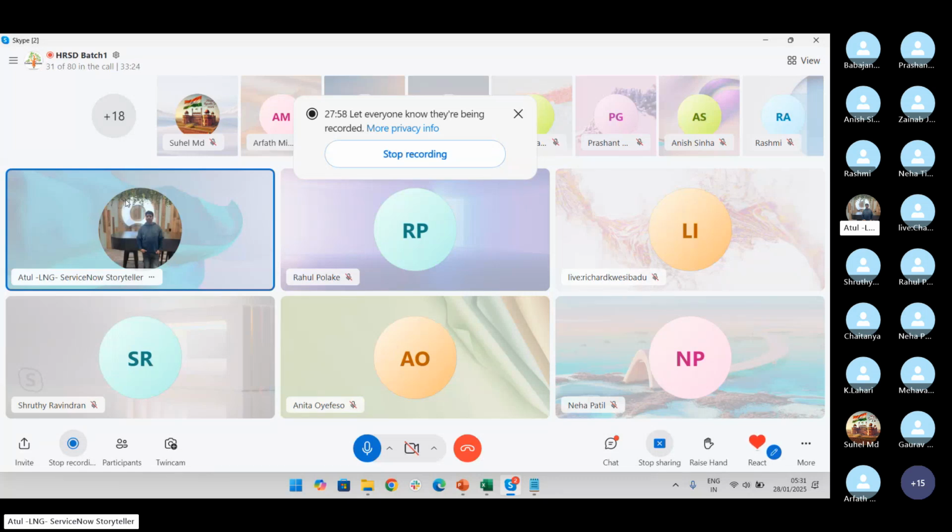So what is field service management? Customer service management we understand now, done. I got this example in 2019 or 2020. I shifted to my new house.